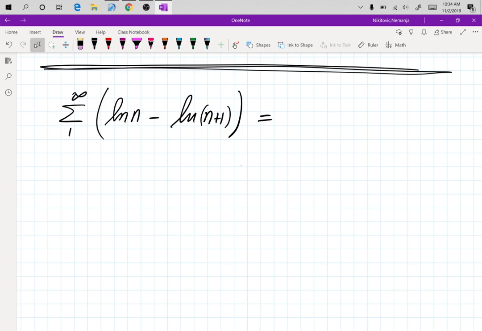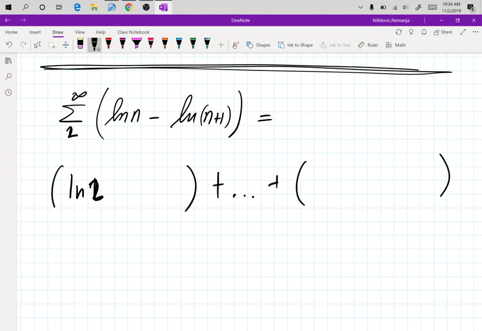So these are 1 apart, and because they're 1 apart, we can just set up the first and the last parenthesis again. It is ln 1, start at 2, sorry. Start at 2. So it's ln 2 minus ln 3, and over here is ln m minus ln m plus 1.